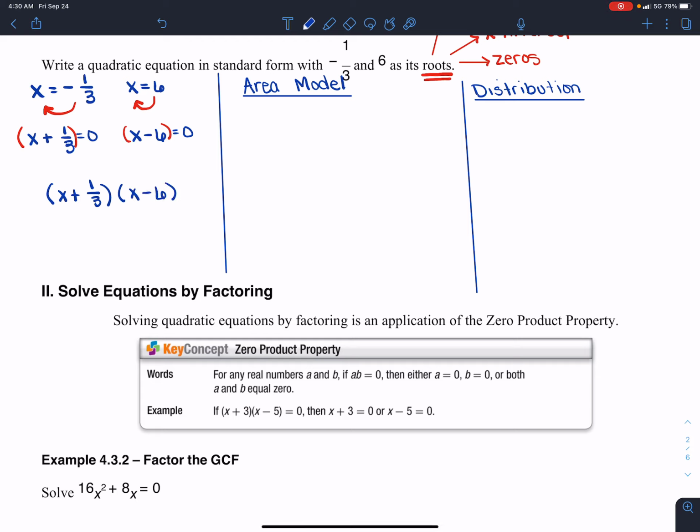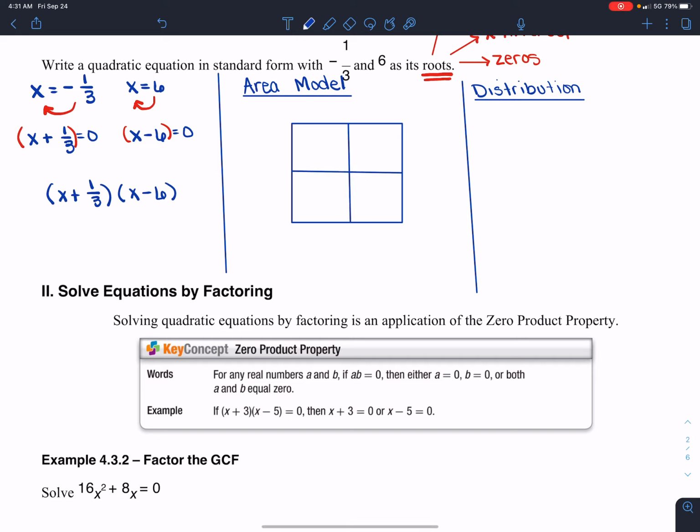All right, so let's go ahead and practice two ways that we can distribute this. The first one I'm going to use is the area model. Now, this is similar to what you guys had talked about using in science as Punnett squares.